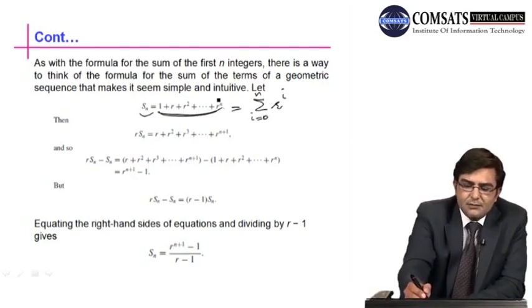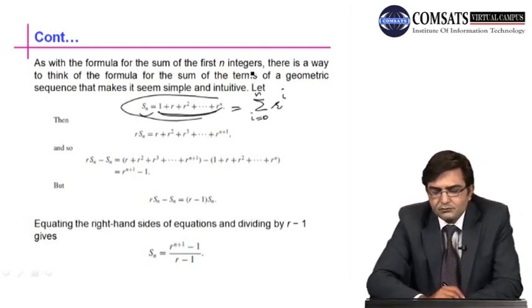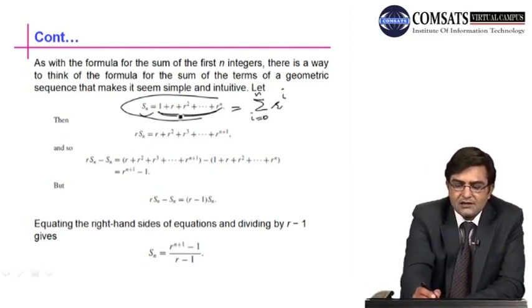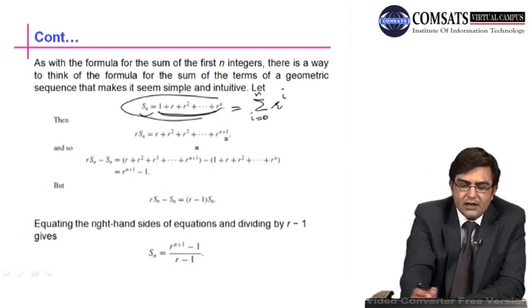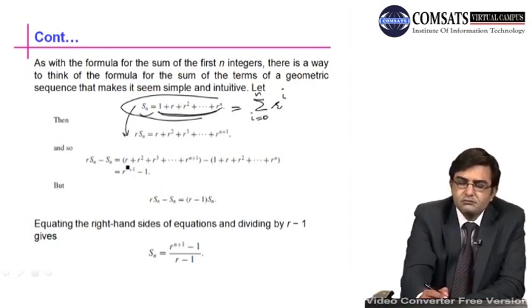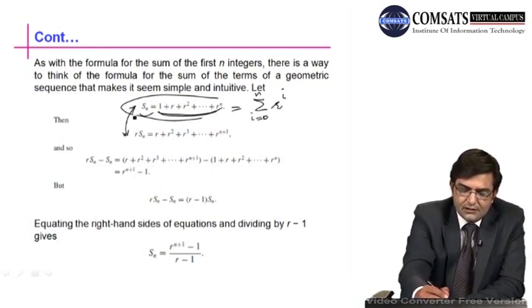We suppose that this sum is equal to Sn. We multiply both sides by r. Here we have r square and r power n plus 1. Then we subtract this from this.